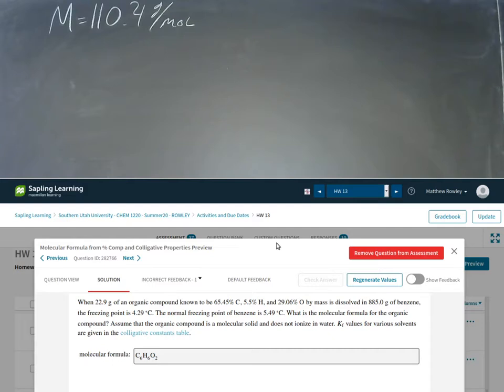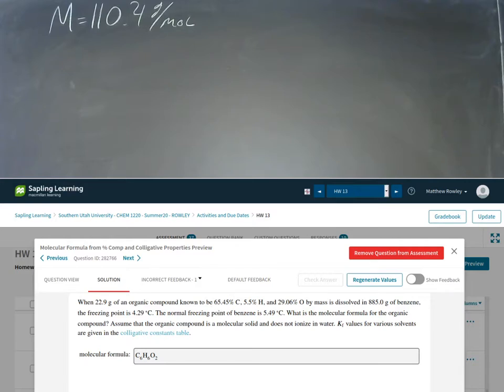And this is actually a 1210 material. This is a good review of, I think it's chapter 5 in your textbook. An analytical technique called combustion analysis would give you these values. And actually the easiest way to deal with this is to assume you have a 100 gram sample.